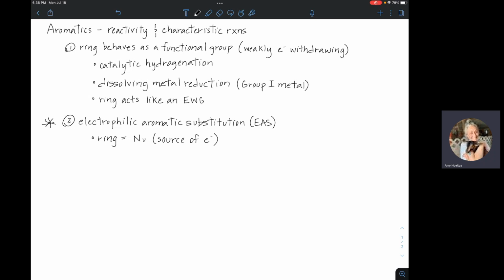So what you need, since the ring is relatively unreactive or stable, right? So like if something is stable, it is relatively unreactive, right?